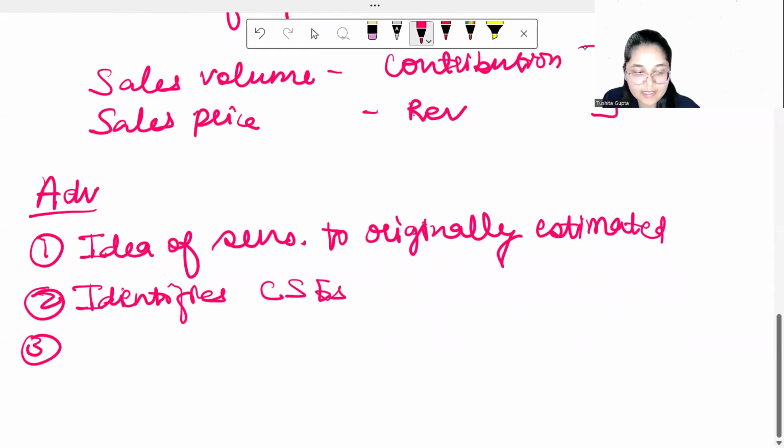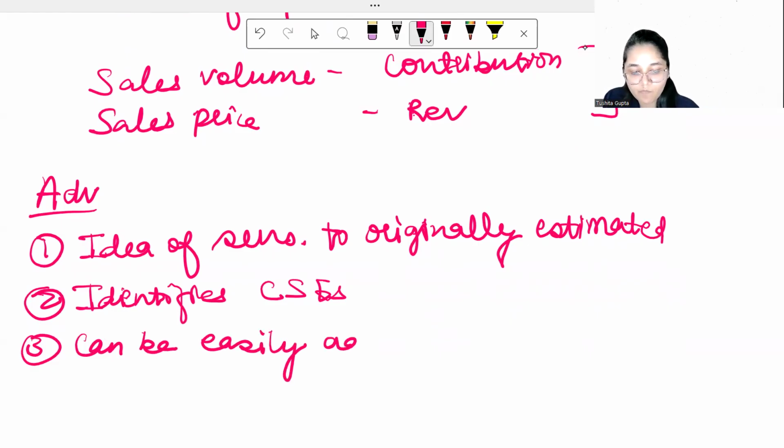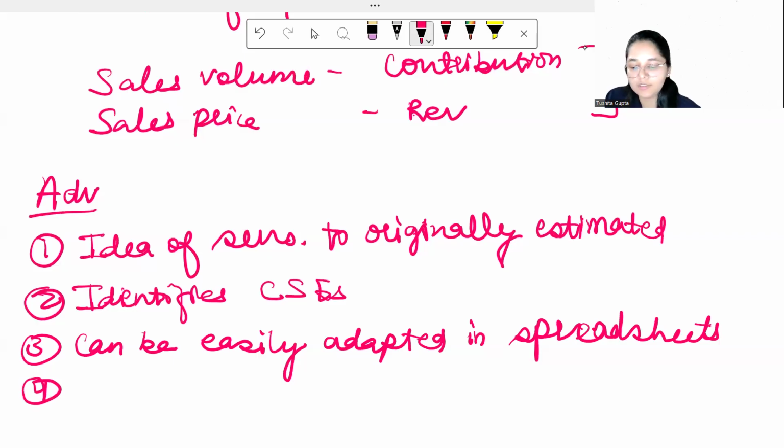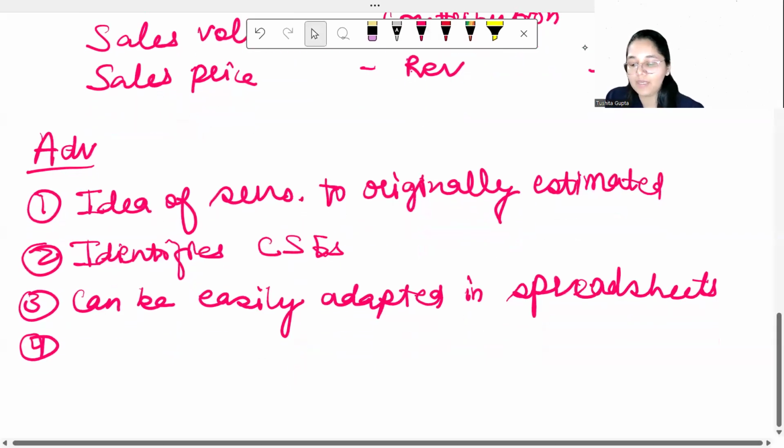Number 3 is that it can be easily adapted in spreadsheets. If you have spreadsheet functionality available, then it's very easy to do a sensitivity analysis. And last but not the least, it directs the attention of the management to check the quality of data.